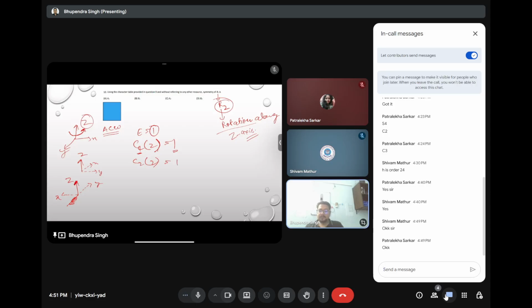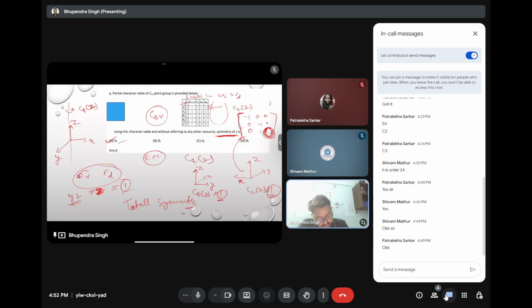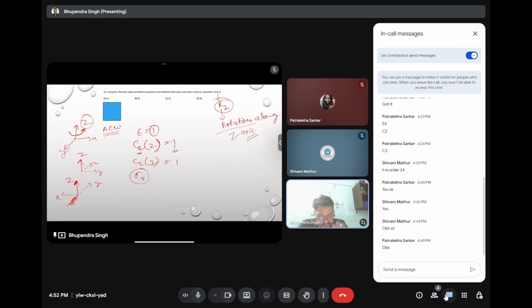They are asking the symmetry of Rz. Next, what is the operation? Sigma v. Sigma v is not perpendicular to your axis of rotation. It contains the axis of rotation, which means your Z is not going to change.